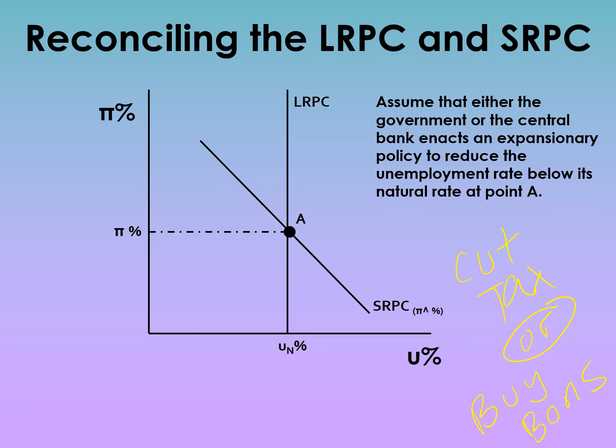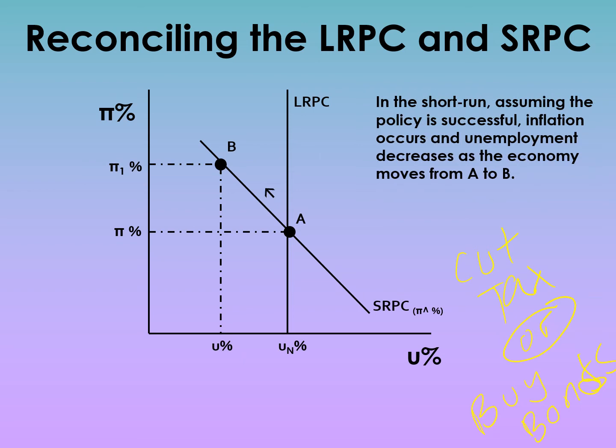Okay. So if that were to happen, if Congress cuts taxes by $1 billion, or if the Fed buys bonds, what's going to happen here is the unemployment rate is going to fall. But we know that when the unemployment rate falls, at least in the short run, the inflation rate is going to go up. Why is that so?